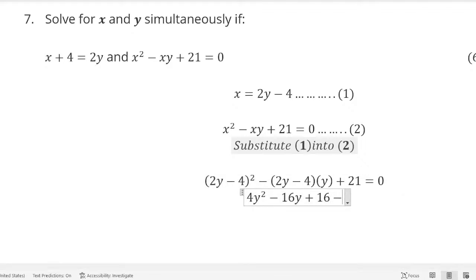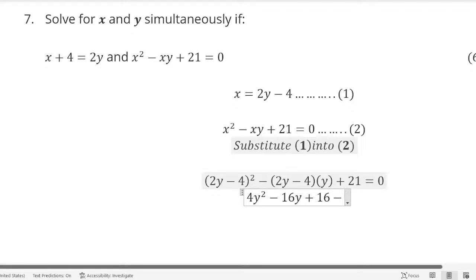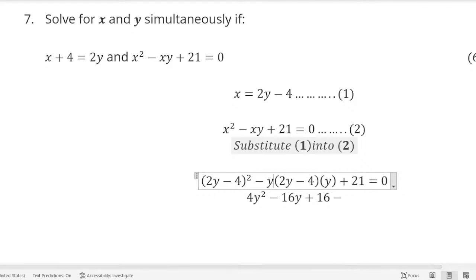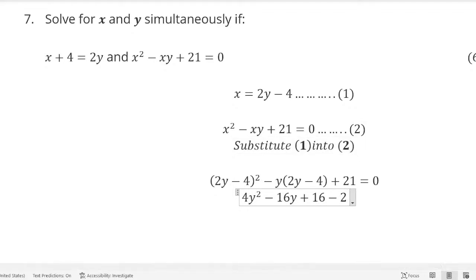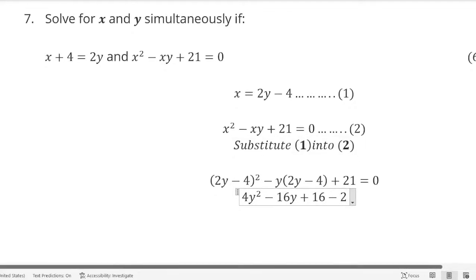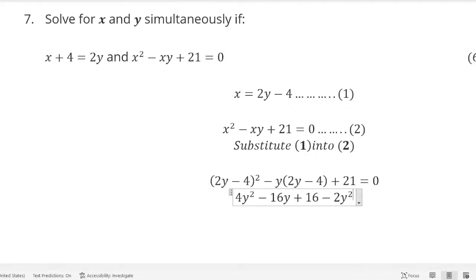Then minus, remember this y is multiplying, so we can put this y in front. It does not change anything. Then negative y times 2y will be negative 2y squared.